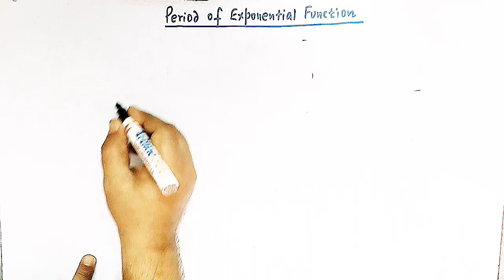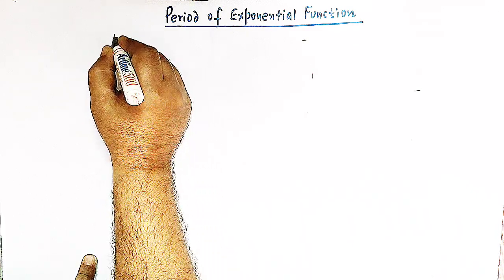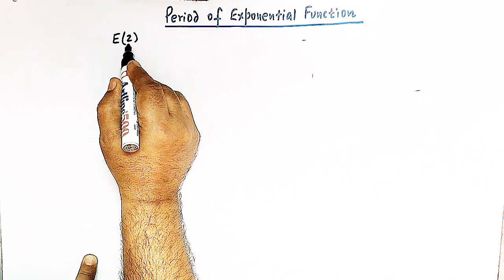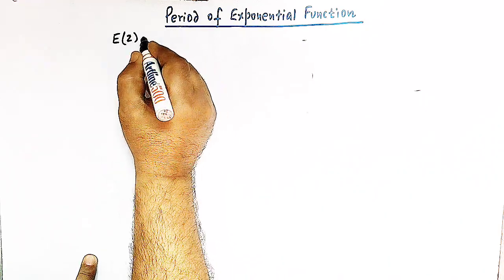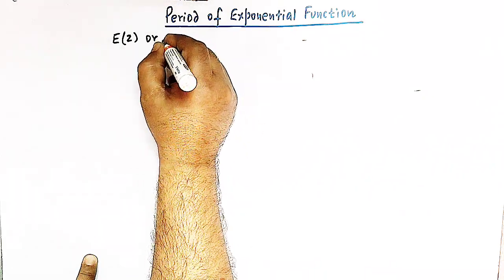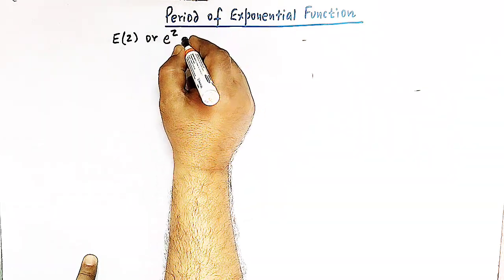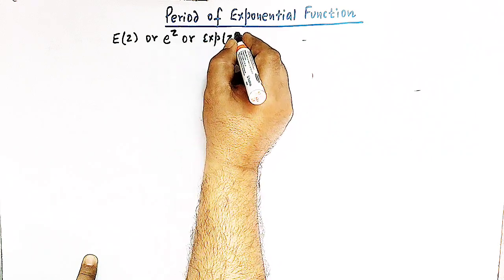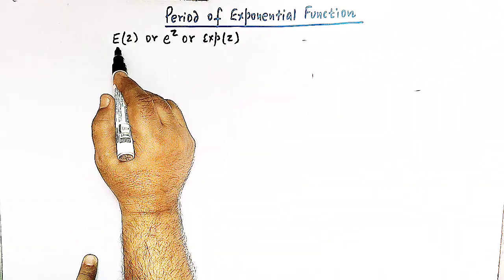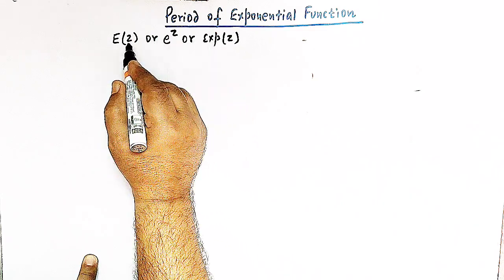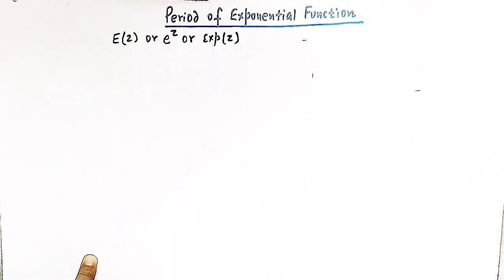So here we are going to use this notation, that is capital E of z, where z is some complex number, or we can also use this notation, that is e raised to z, or exponential of z, right? So here these three notations are equivalent, where z is a complex number.